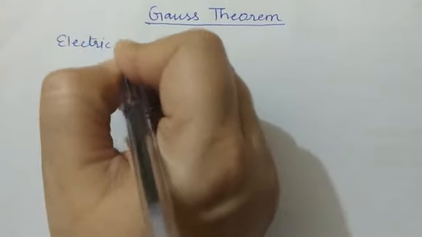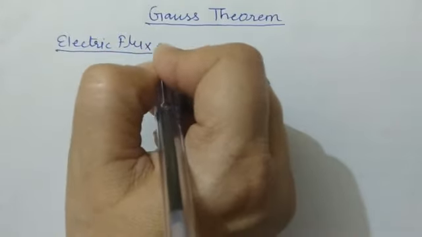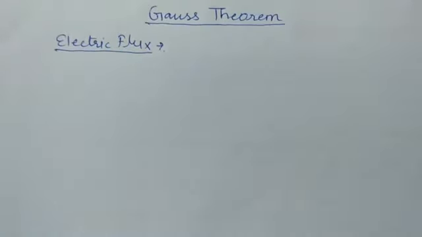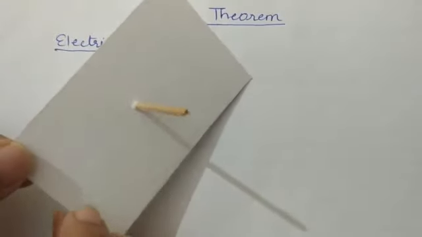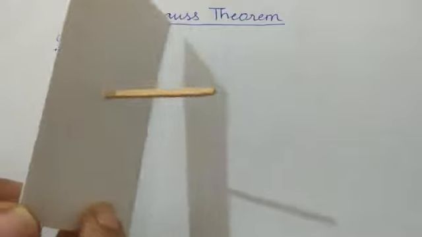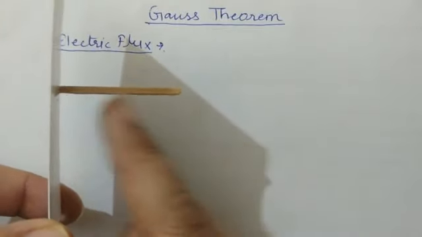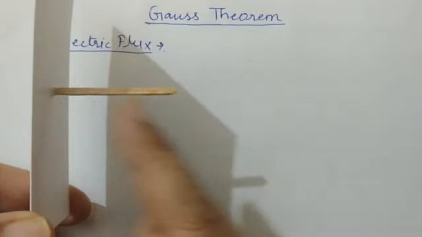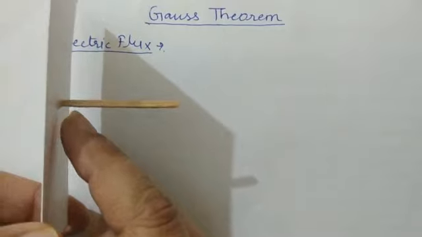Electric flux. We see that this is a rectangular surface, and there is an axis kind of thing which is passing through its center.